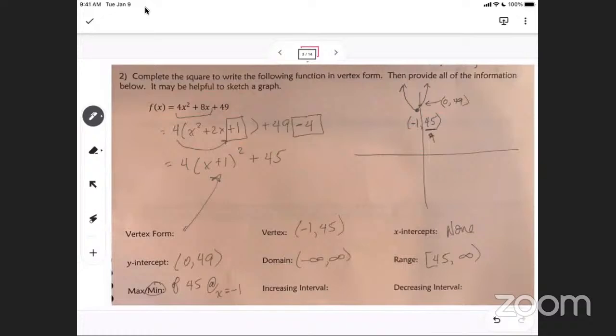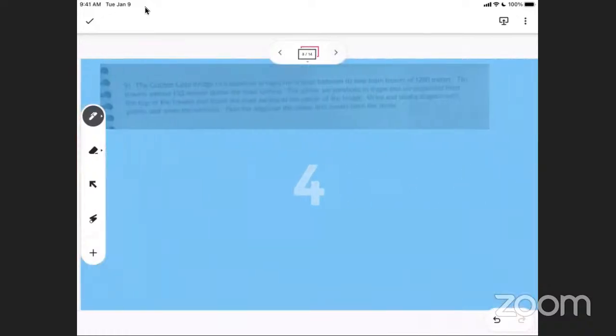Good. What's the increasing interval? It is from -1 to infinity. Perfect. And what's the decreasing? Negative infinity to -1. Perfect. You got it. Good job. Well done. You seem to understand that.